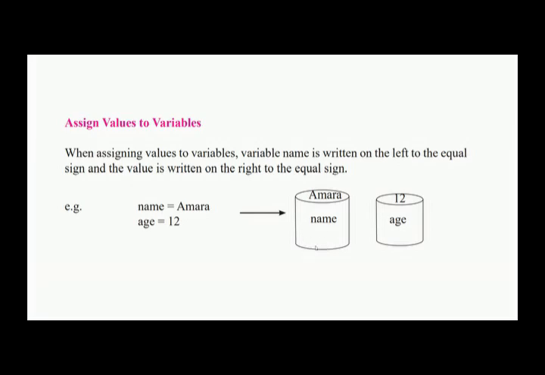So my variable is name, and I'm going to assign a value called Amara. So according to your variable, you can assign values. If your variable is name, you can assign Amara or else another name, okay, Kaman. Whatever the name, you can give it. You can even change it.